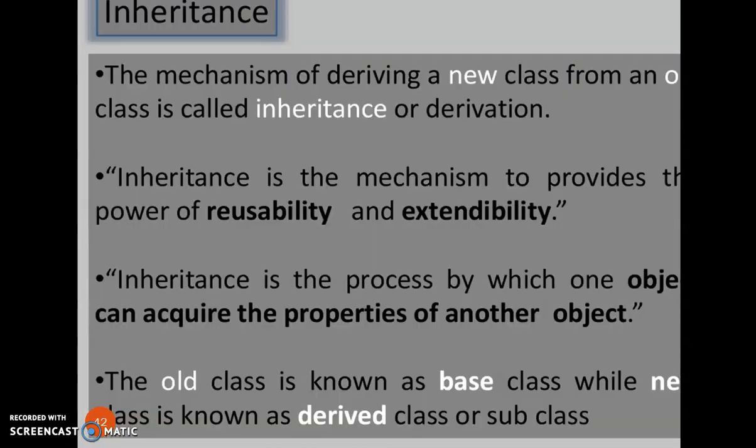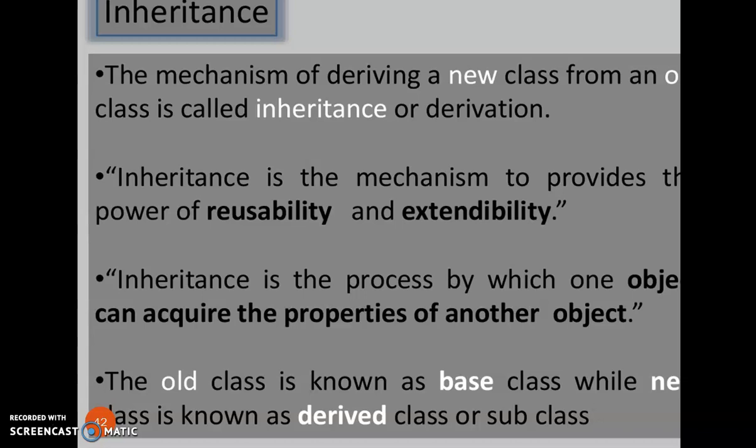Let's move on to the next concept. OOP's concept is inheritance. It is defined as the mechanism of deriving a new class from another class, called inheritance or derivation. Inheritance is a mechanism which provides the power of reusability of code and extendability of the code.